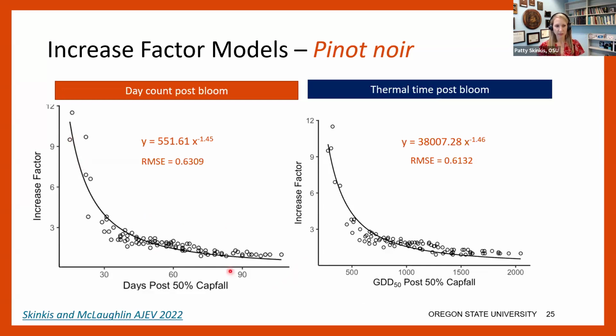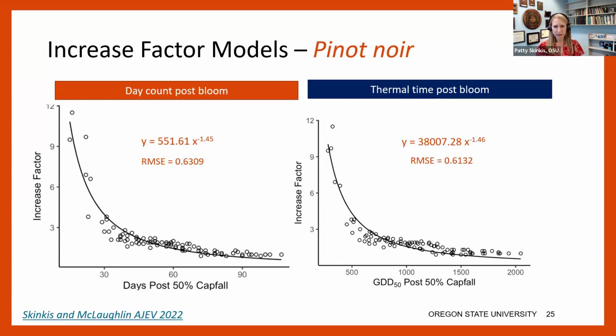And this is what we came up with: a power curve model for the increase factor for days post bloom. And then we also did it in thermal time post bloom, growing degree days 50, base 50, similar curve, just different equations. So you could plug these equations in if you know your day count post bloom when you were collecting your samples.